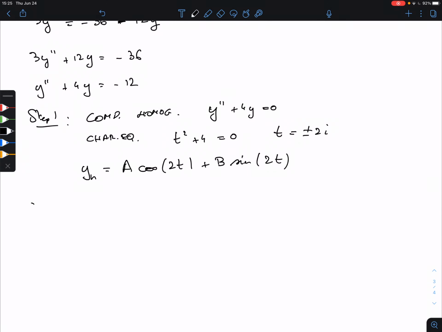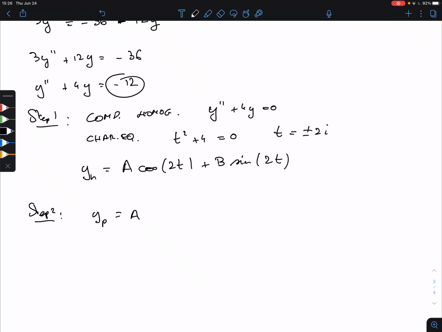Step 2, now what do we need to do? Well, the right side is a polynomial, so the particular solution will be a general polynomial of the same degree. Degree 0 is just a constant.